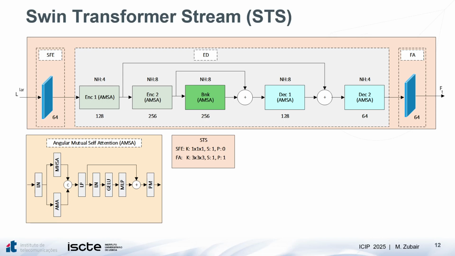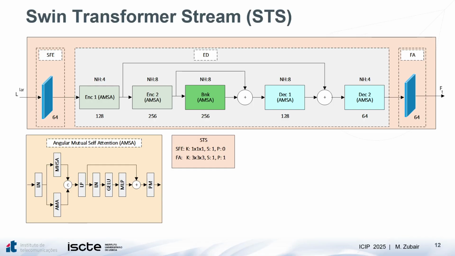As you can see in the first picture of this slide, the Swin transformer stream consists of three components. The first one is SFE, which basically consists of a single convolution layer to project the input into a high dimensional representation, while the encoder-decoder consists of 5 stages, in which we have two encoder stages, then a central bottleneck stage, then two decoder stages.